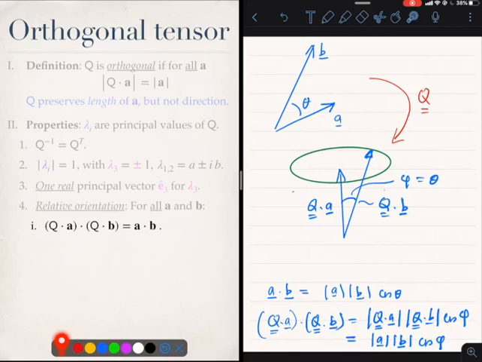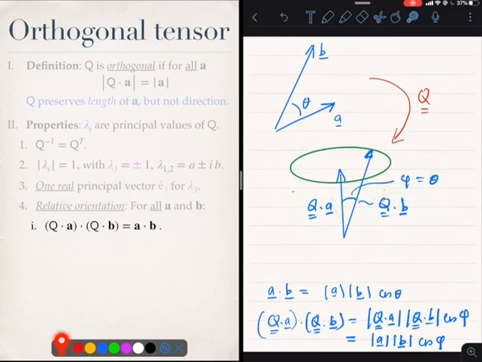So what we are saying is that when Q operates on this pair A and B, the only thing that can happen is that wherever QA is, QB will be on a cone around it, and the cone angle will also be theta.